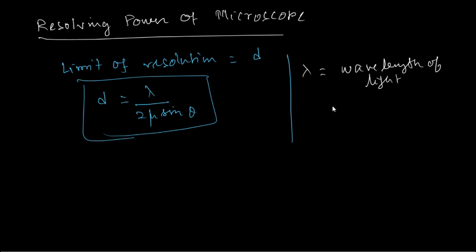Then mu is the refractive index of the medium. If air is the medium, you have to put the refractive index of air.